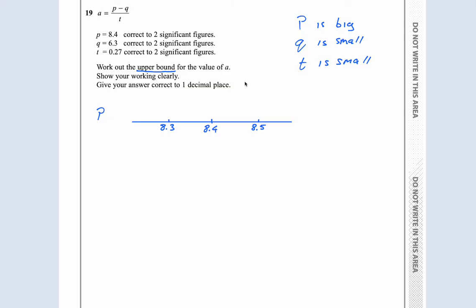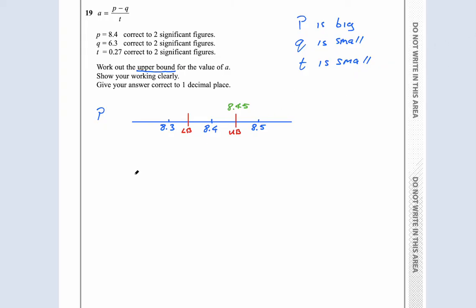The upper bound, because remember we're making P big, is halfway between 8.4 and 8.5. The lower bound is halfway between 8.3 and 8.4. What's halfway between 8.4 and 8.5? Well, it's 8.45. That's the upper bound for 8.4.